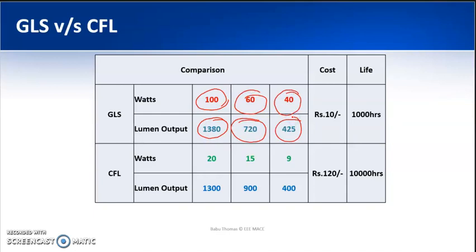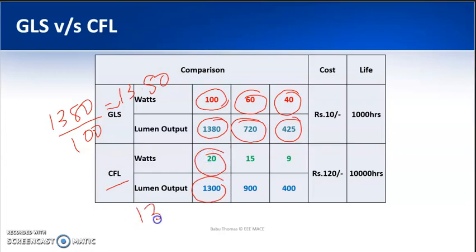So you can just compare this: 1380 divided by 100 is nearly 14 lumens per watt. But in the case of a compact fluorescent lamp, a 1300 lumen output is produced from 20 watts.